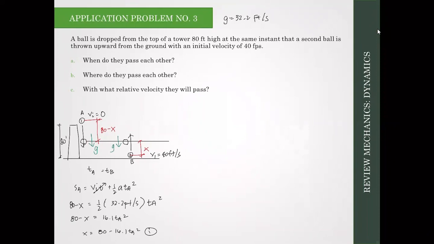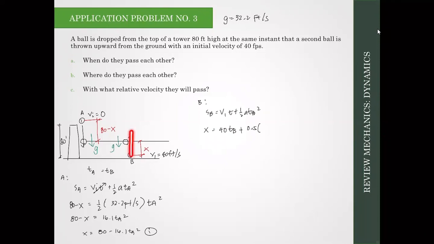Next, yung sa B natin is thrown upward, so SB is equals to VI T plus 1/2 A TB squared. So yung SB natin is X, then initial velocity natin is 40, then TB natin, di natin alam yung time, plus 0.5, yung acceleration natin.